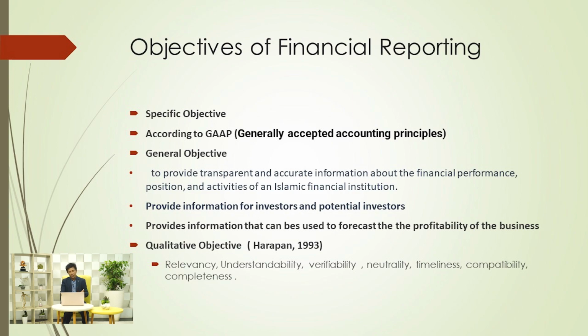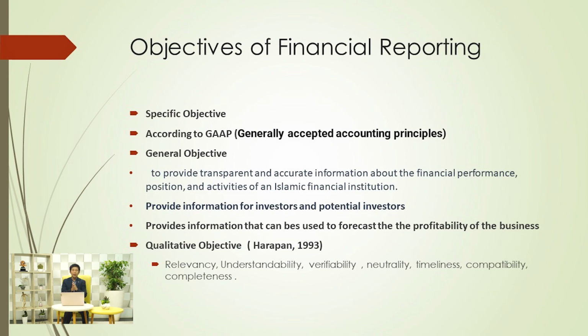and other business activities. They need it in order to provide transparency and accurate information about the financial performance. So they need to provide the financial reporting because this is important for transparency, to give transparency to the stakeholders of Islamic banks or financial institutions.